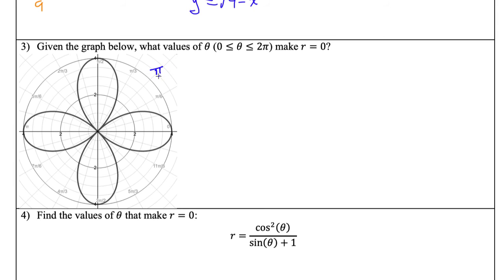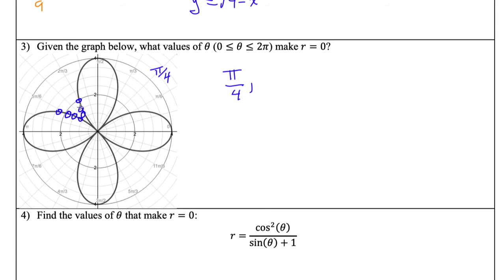This is pi over 4 right here. So one of them is pi over 4. We'll list them all out. I'm going to do them like this. Pi over 4. And then the next one also gets closer to pi over 4, so it's the same value there. And then you can kind of see that it's the divided by 4s.